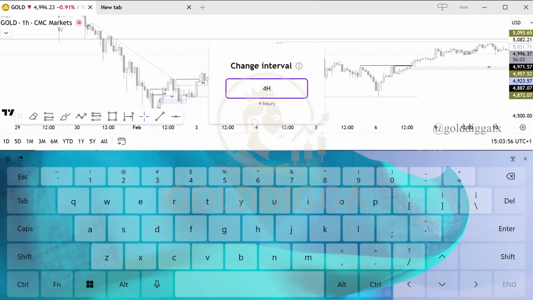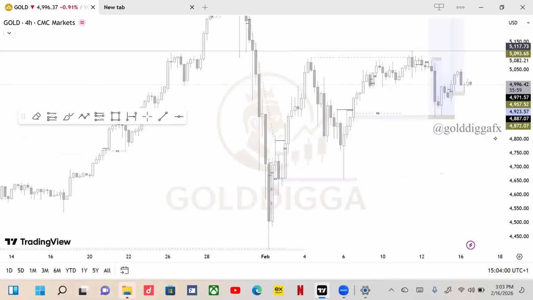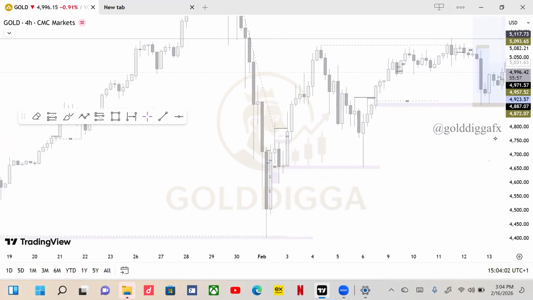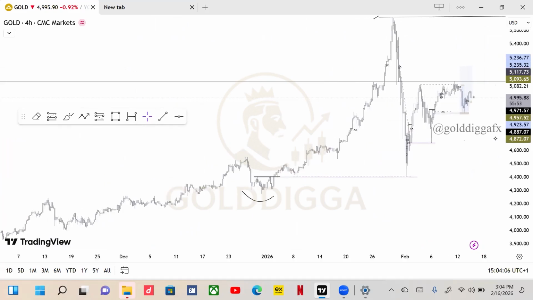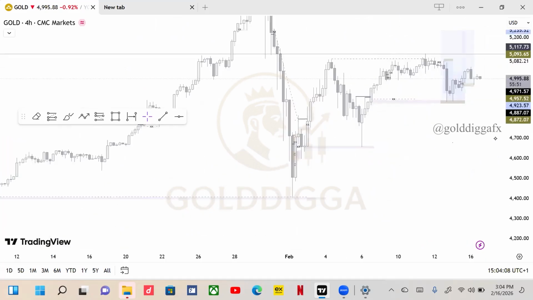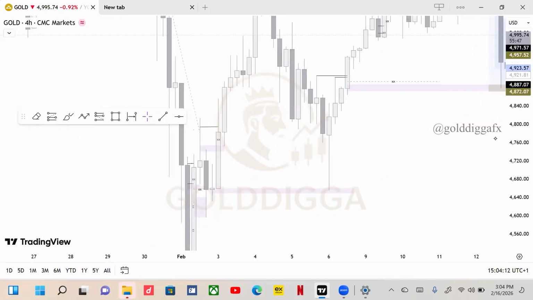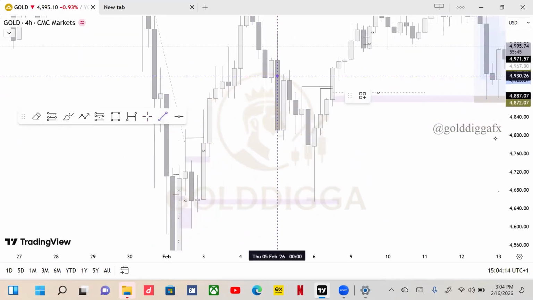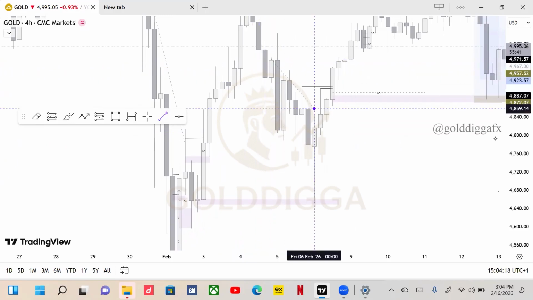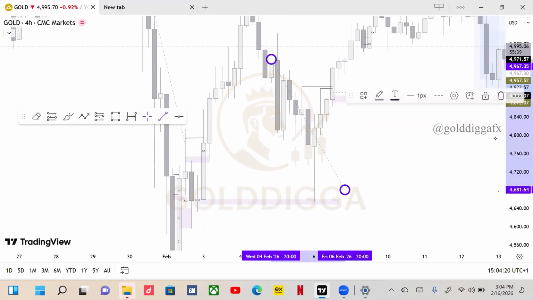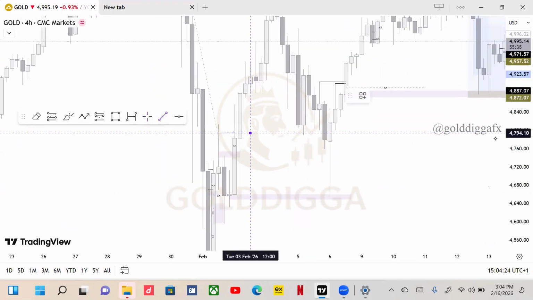Let's check the 4 hours, if you have any in the 4 hours for that zone. Let's check if we have any. No trend line from here, so no trend line.